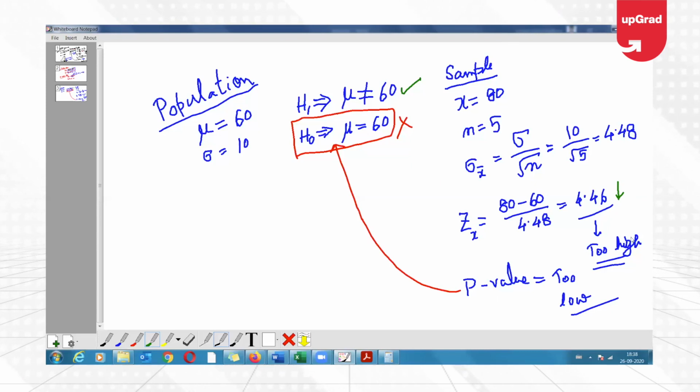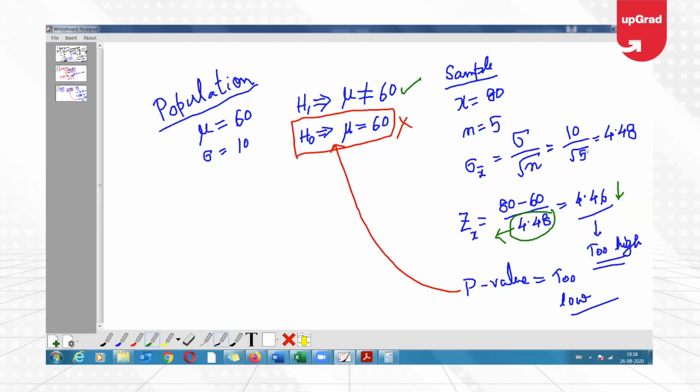If I have to decrease the z-score, what are the ways in which I can decrease? One way is I can increase this. If standard deviation goes high, then automatically z-score will decrease. So if I have to increase the standard deviation, I have to decrease this n.